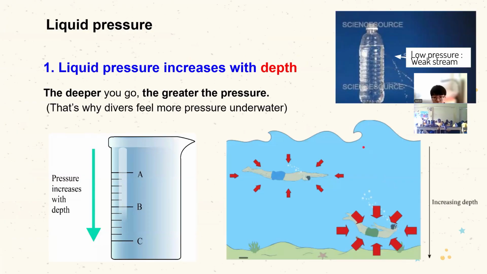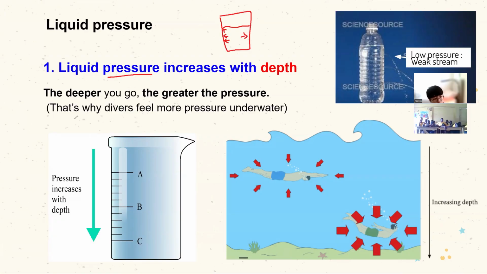Okay, some of the properties of liquid pressure. So, liquid pressure just means pushing against. So when you think of pressure, if you have a cup of water or any bottle of water, there's pressure applied to each of the surfaces.